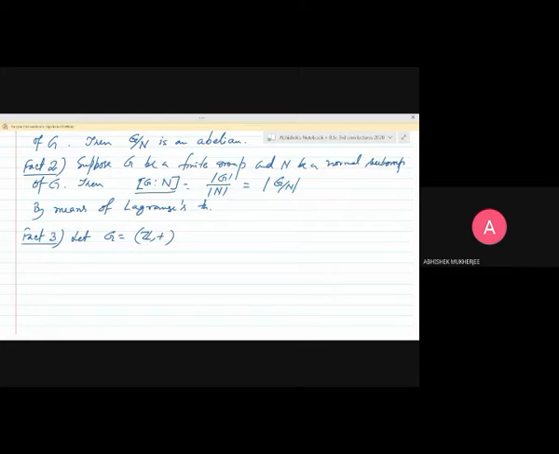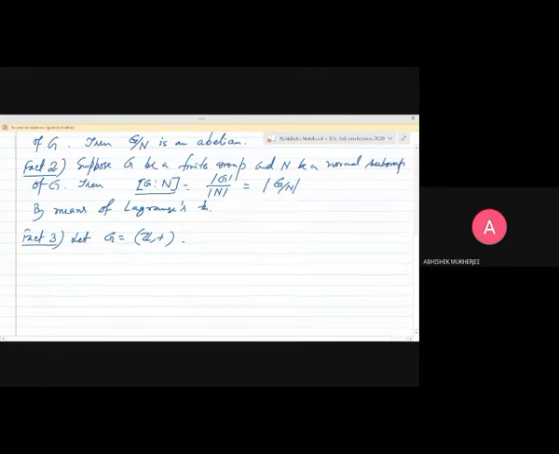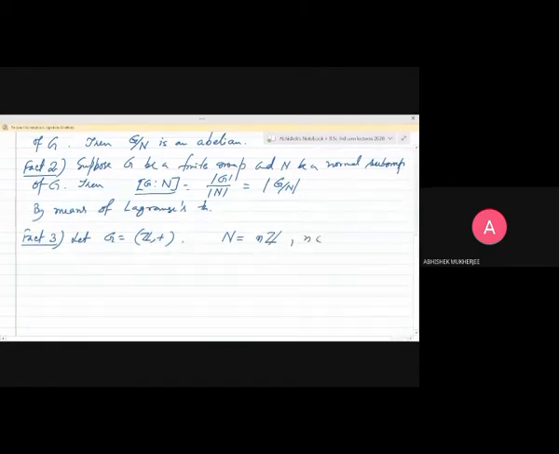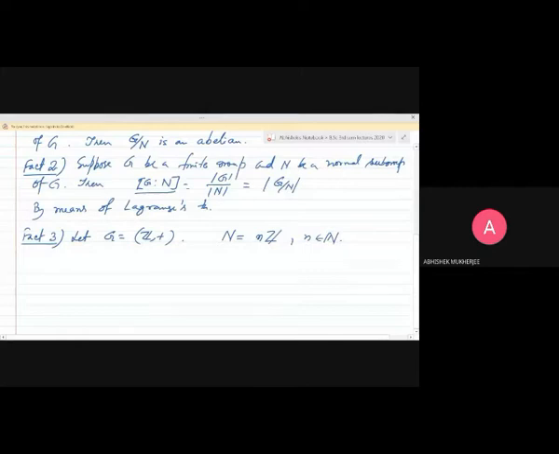And the subgroups look like, so suppose you have a subgroup N, then it looks like nZ, where n is a positive integer. So these are all the types of non-trivial subgroups of Z plus.